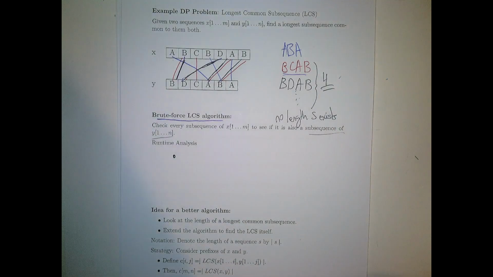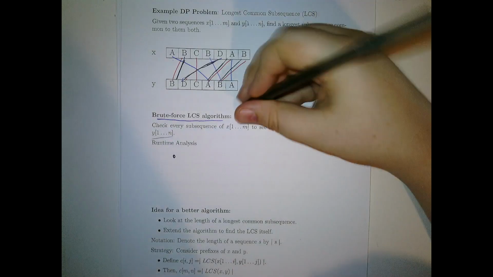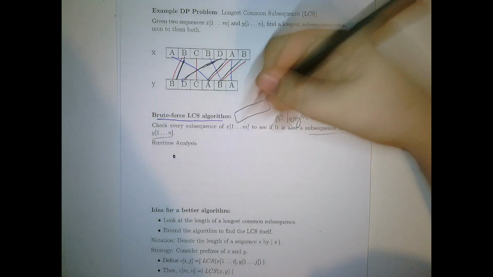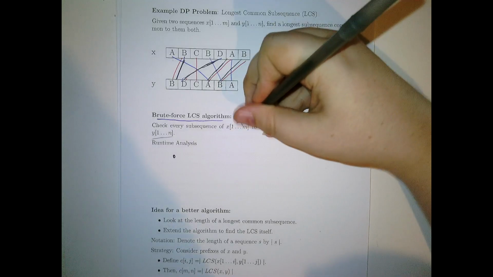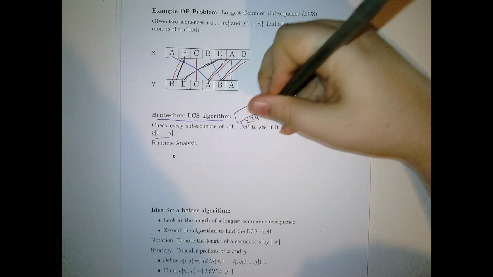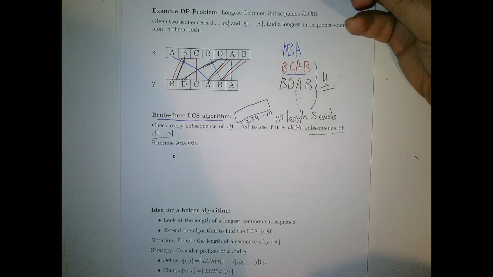It's a bit messy. But yeah, this algorithm, you can probably guess, is not going to be too great, right? And the reason is because there's a lot of subsequences of X. So we're imagining X is indexed from 1 to M, right?